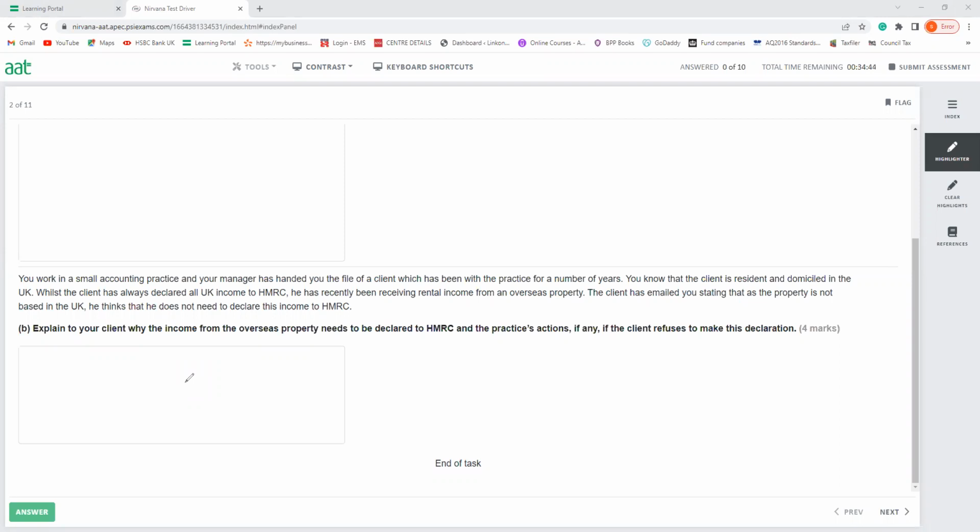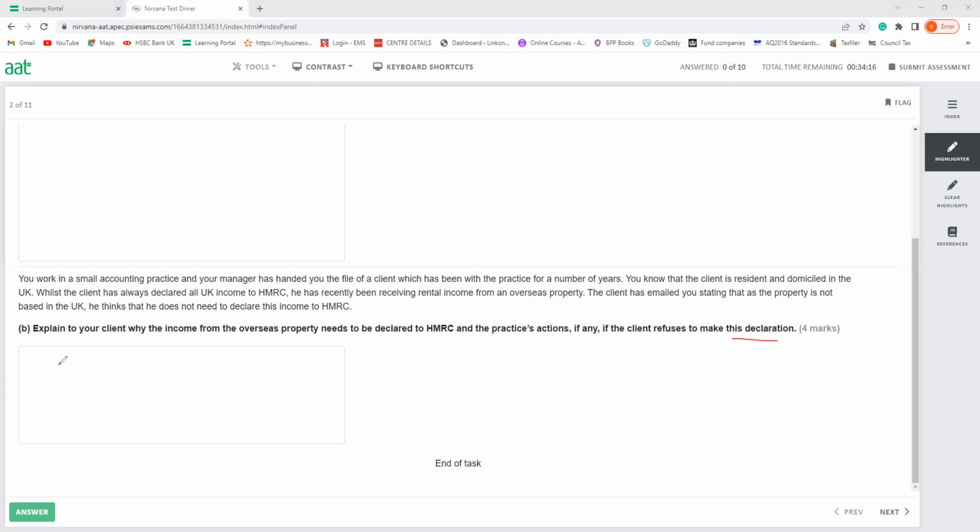And I have to tell HMRC that from now, I'm not acting as an agent for your company. But be careful of one thing: never ever give the reason to HMRC why you are resigning from that client. So the requirement here is to explain to your client why the income from the overseas property needs to be declared to HMRC, and the practice action, if any, if the client refuses to make this declaration.